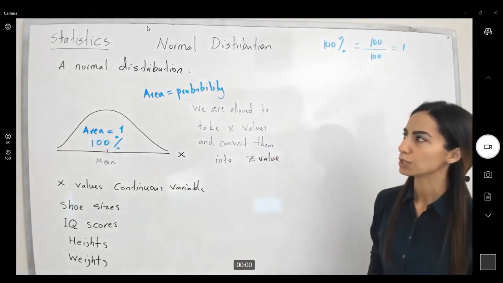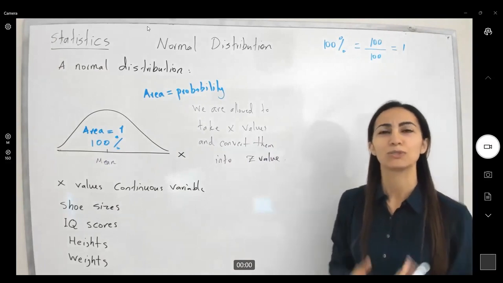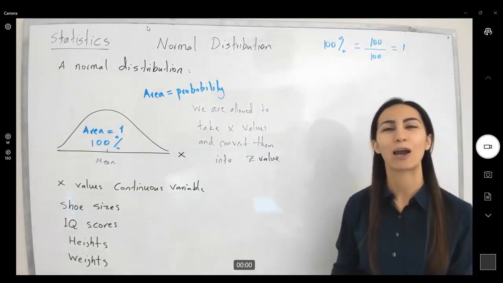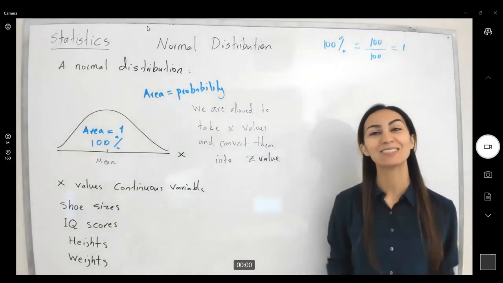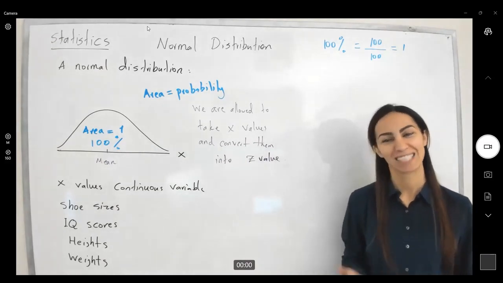Here we're going to use a nice formula as a machine to convert X values into some new data that we call Z.